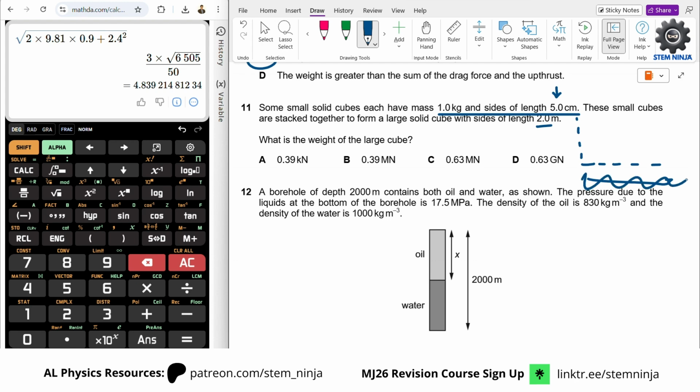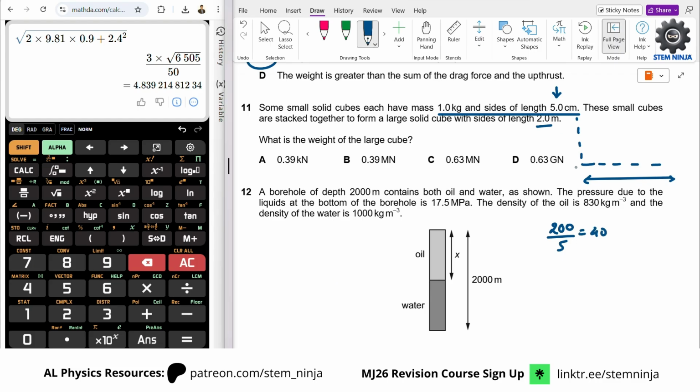So first off, we need to know how many cubes are in one side. So 200 divided by 5, which is going to be 40. 40 this side, 40 this side.